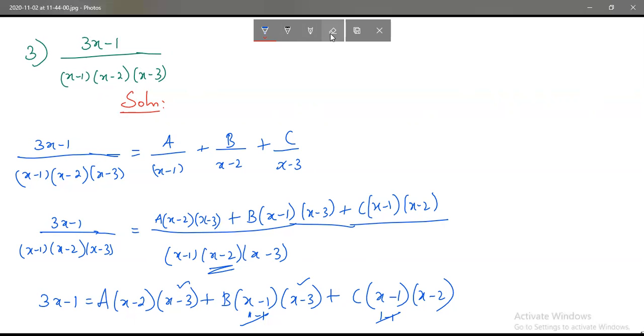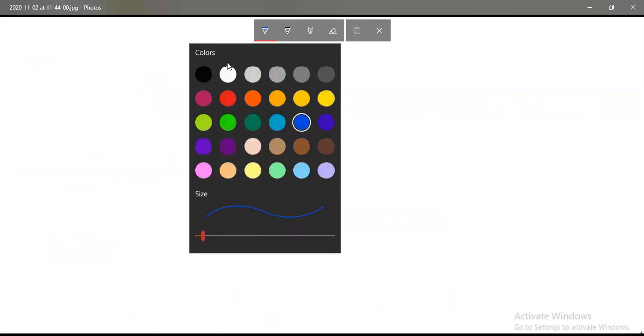So I hope you can do that by yourself, or I can move on directly with the answers. Let us put x is equal to 1. You put x is equal to 1, what do you get? 2 is equal to 2a, which implies a is equal to 1.